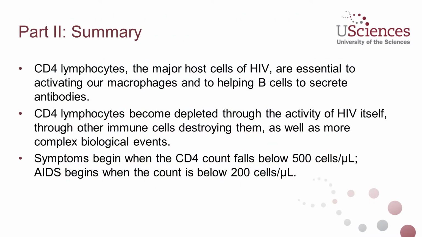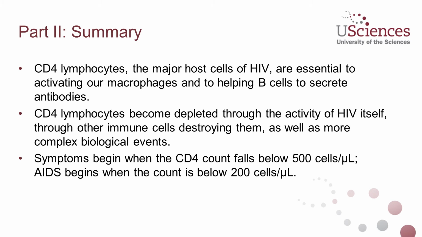So in summary of this second part, the CD4 lymphocytes are the major host cell for HIV, and they are so important because they're essential in activating other immune cells, such as macrophages, and they also help B cells to produce antibodies. Over time, the CD4 lymphocytes become depleted through the activity of the HIV itself.